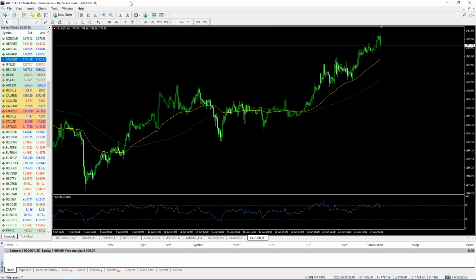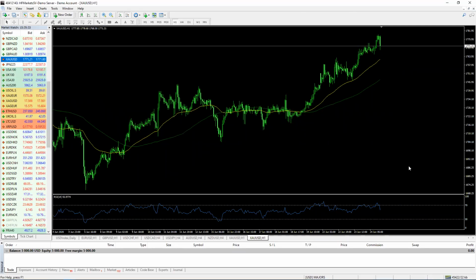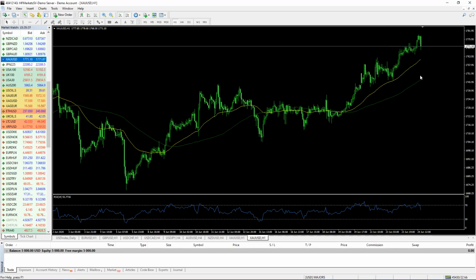So basically, if you click on this, it'll bring your chart to at least a side direction. That way it gives you room to be able to trade or to analyze your chart and you get some room here at the end.